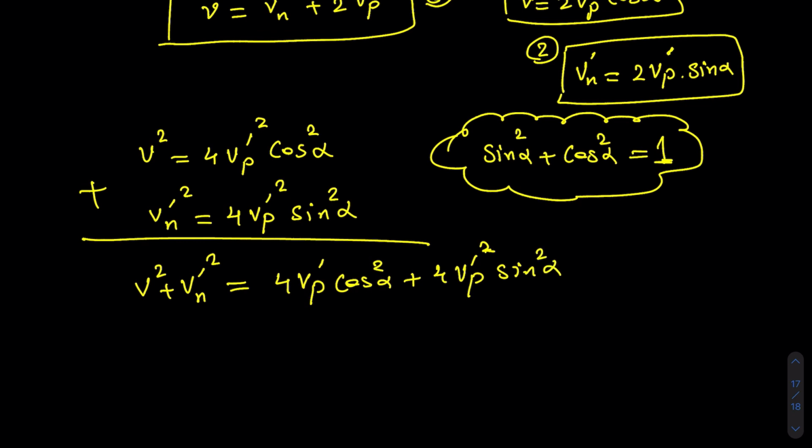Okay, now we factorize from 4 vp prime to the power of 2.